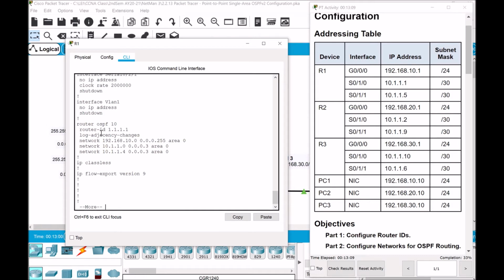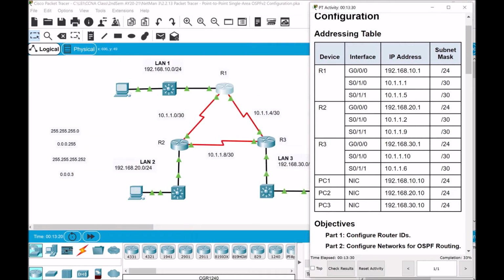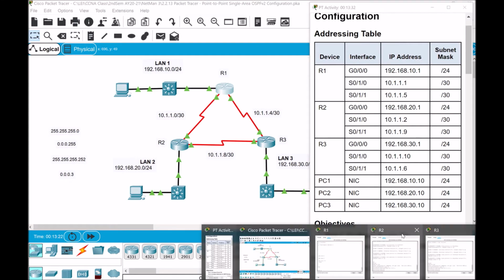So here you go. For router OSPF 10, we also did the router ID a while ago. So these are the networks. I'm sure you can double check if we did the IP addresses right. Okay, so we're done with R1. Now let's proceed to R2.